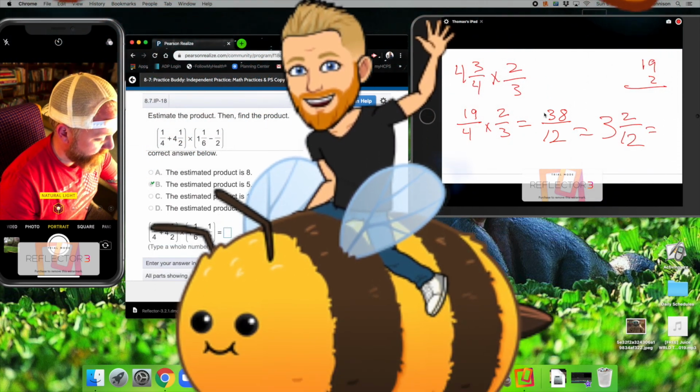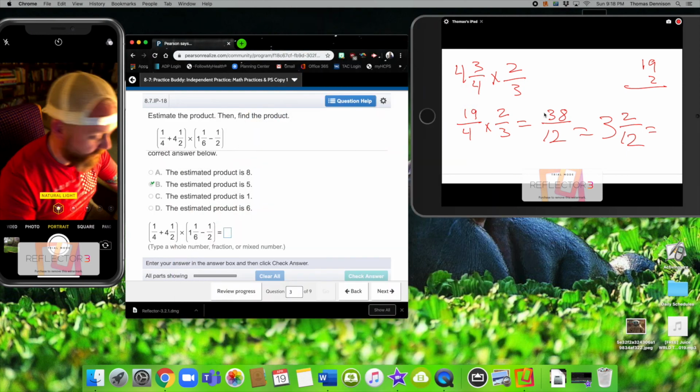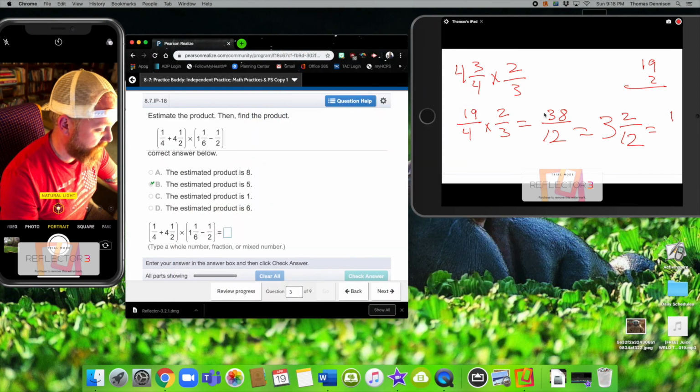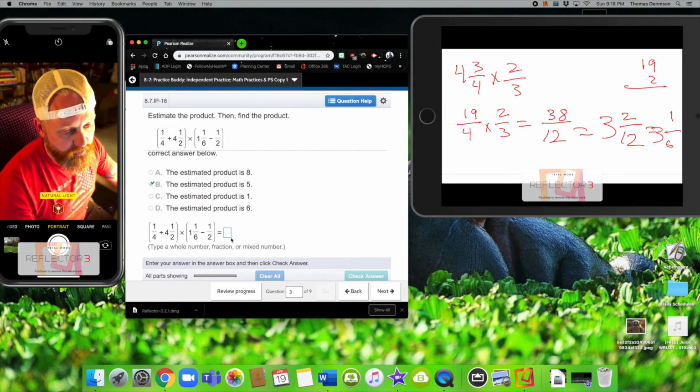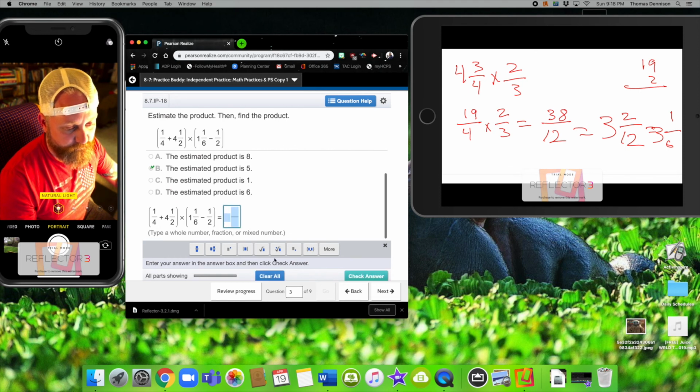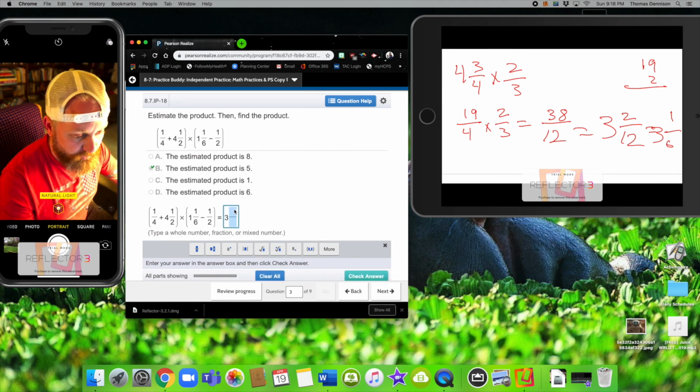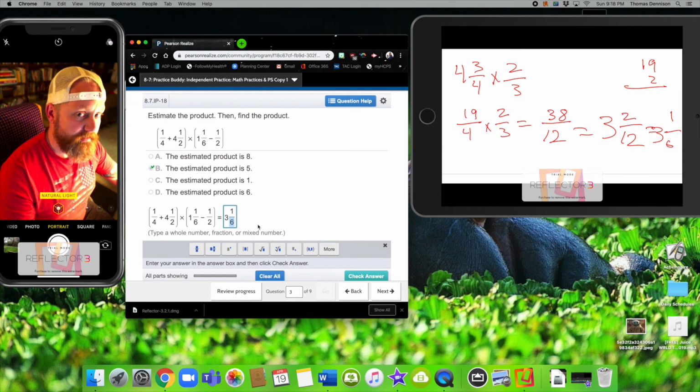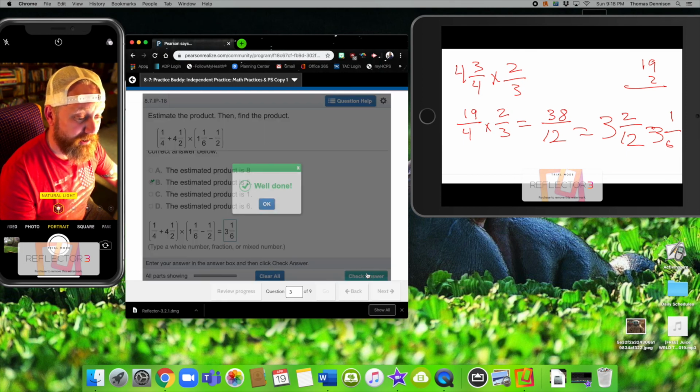So 2 gets chopped 1 time, and 12 gets chopped 6 times. So I'm looking for 3 and 1/6. 3 and 1/6. It's been a long time to get to this spot. Check.